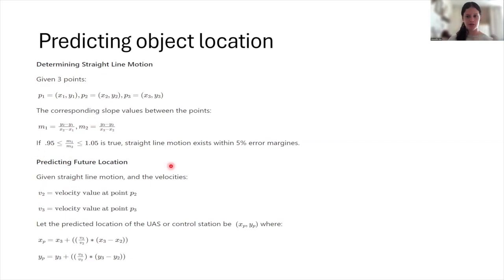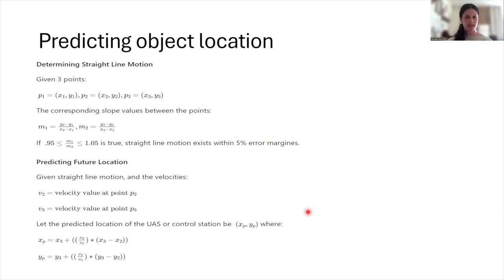Now, if the slopes are the same, that's indicating that the drone is traveling in a straight line over a span of 3 points. So the ratio of those, M1 over M2, if it's exactly a straight line, should be 1, but it's very unlikely for it to be that precise. So I chose 5% error margins as accurate enough for the system. If the ratio is between 0.95 and 1.05, then straight line motion exists with 5% error margins.